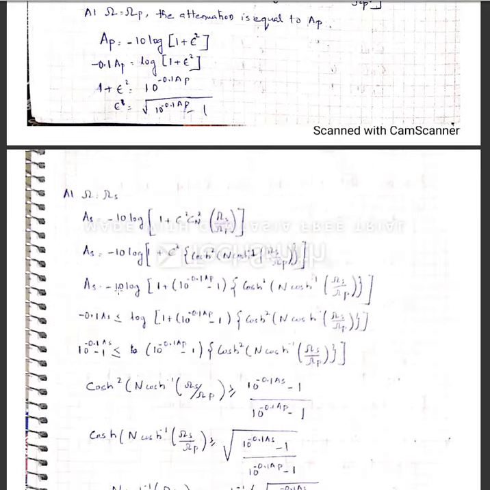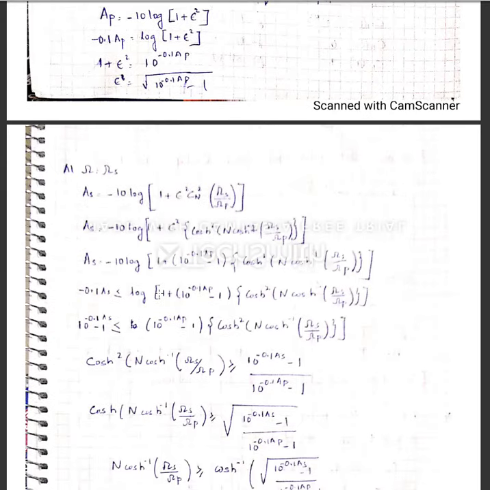So next what we have done, again 10 log 1. This I think you can very easily solve. Instead of epsilon, we have substituted the epsilon we calculated here. Since it is square, epsilon square is left with only 10 to the power 0.1 Ap minus 1. Clear?